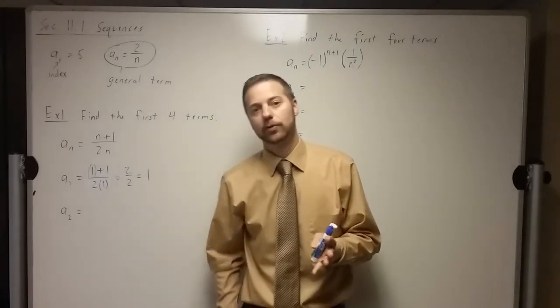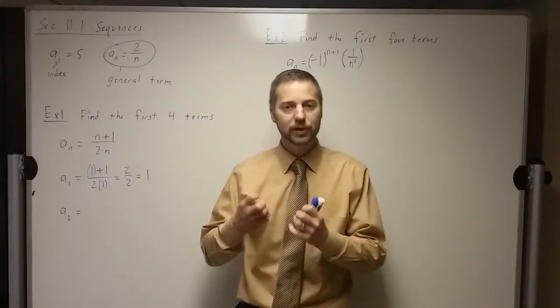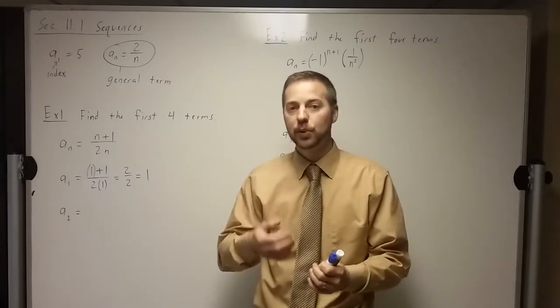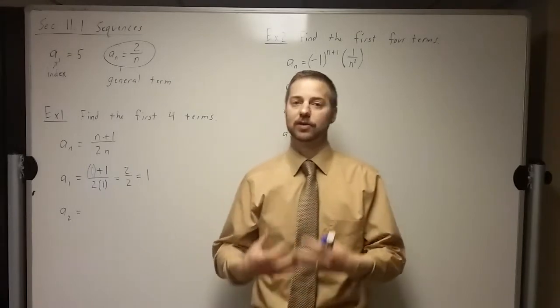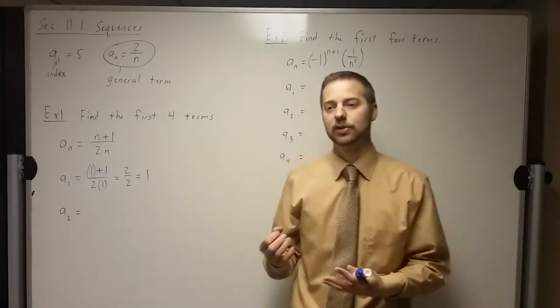Now, I wanted to talk real quick. I didn't write anything down about this, but I want to talk about what a sequence is because it really is still a function. We still have inputs and outputs. We input the number term we're on, and we output a result as a result of whatever our formula, our function is that says what to do with that.